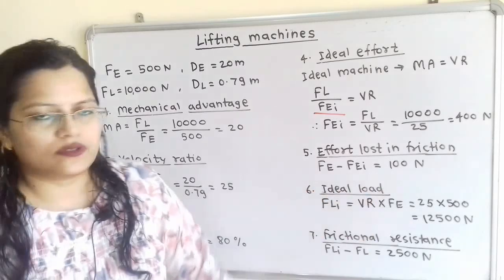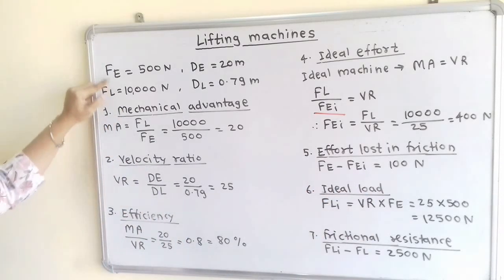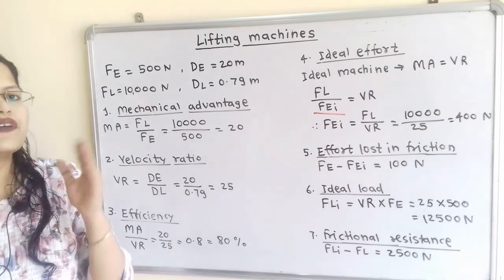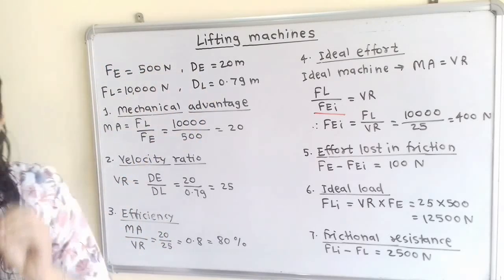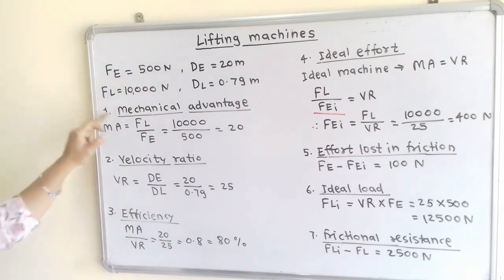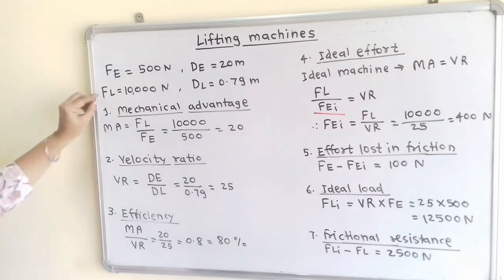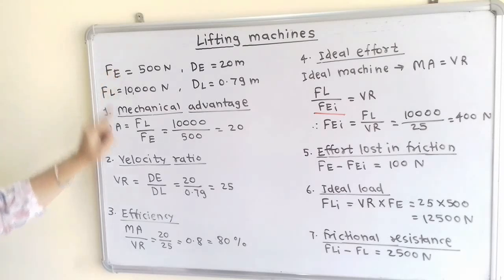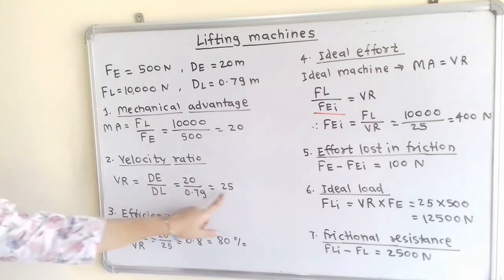Then ideal load. We have to find out ideal load, that means FLI. Now in this case also, all the other parameters we consider as they are, from the given data. We use the formula FLI, then Fe as it is, and then VR as it is. VR is equal to 25.